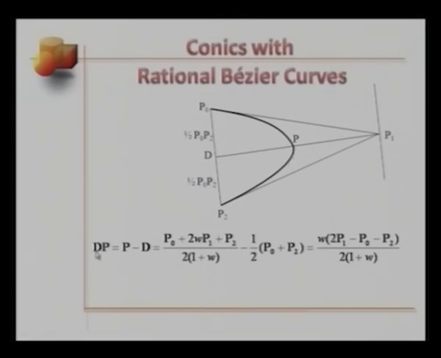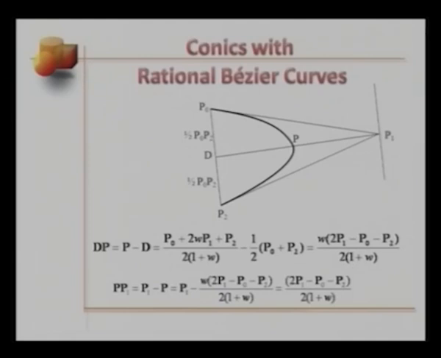But first, the vector dP is given by the position vector of P minus that of D. If we work the algebra, it is equal to P sub 0 plus 2 times W times P1 plus P2 over 2 times (1 plus W) minus half of P0 plus P2, which is point D here. On simplification, this expression becomes W times (2 P1 minus P0 minus P2) over 2 times (1 plus W).